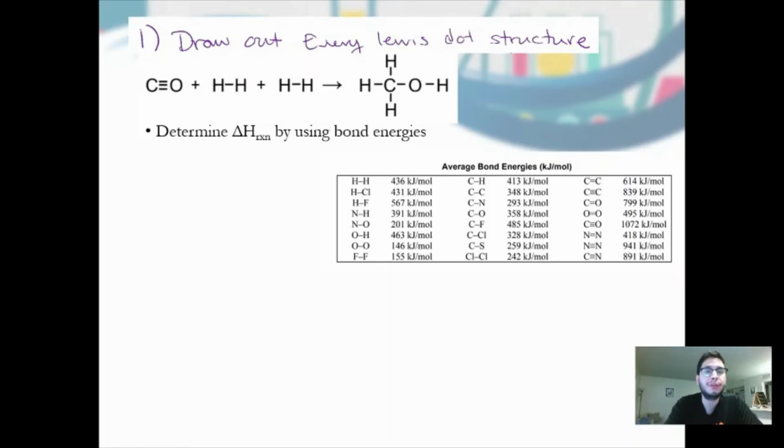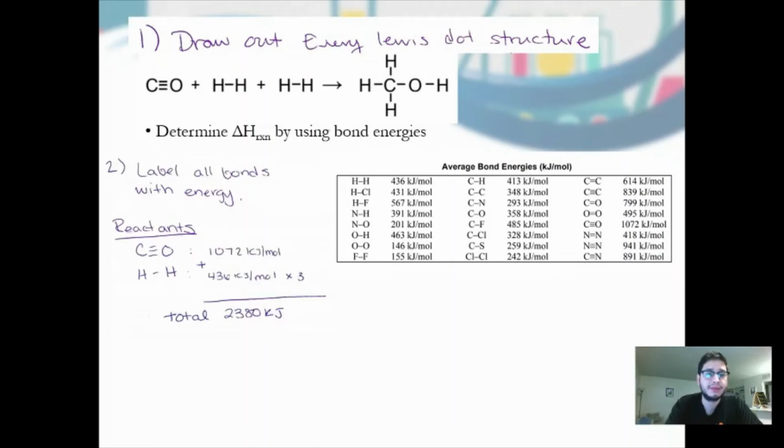I'll be honest, for Unit 8, drawing out Lewis dot structures is not a concept that I'm testing you on, or the district is testing you on. You will be getting the Lewis dot structures already given to you. If you don't remember how to do it, don't panic, but I do recommend that you remember how to do them.